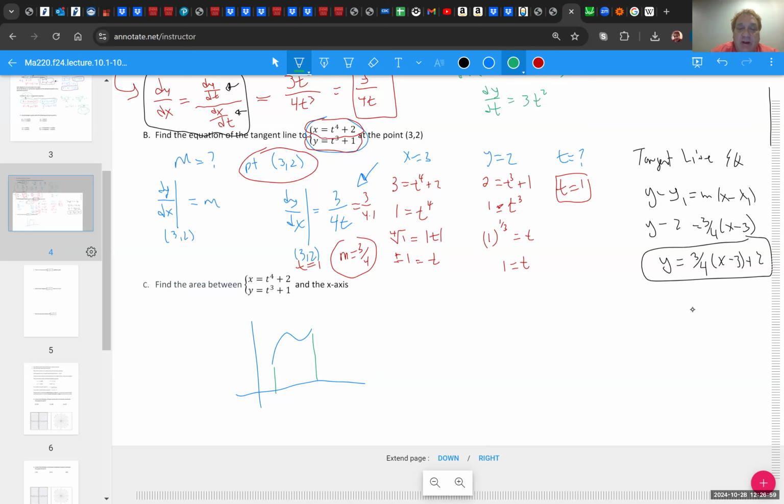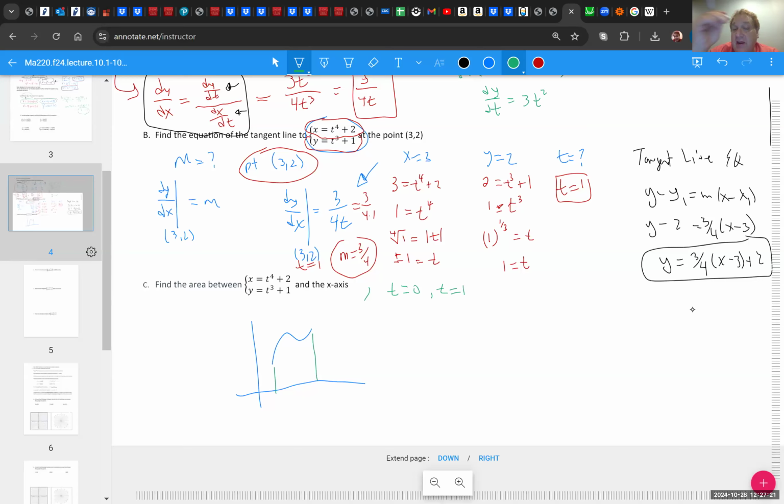Oops, I didn't put some limits on this thing right here. I neglected in my lecture notes to put what the values are. I think it was from t equals 0 to t equals 1. I don't have my notes next to me, so I'm just going to make up t equals 0, t equals 1 on the fly.